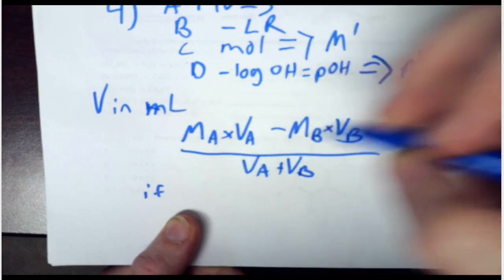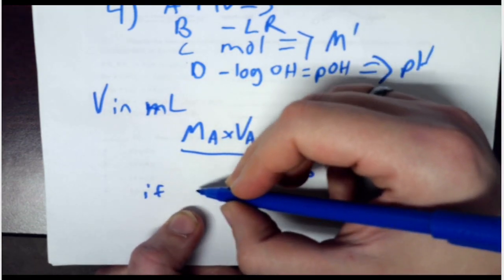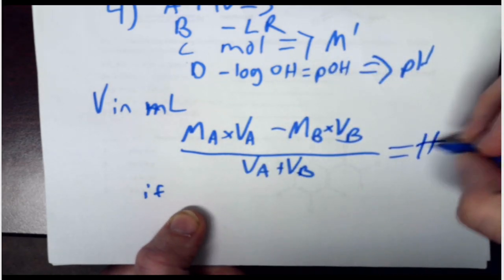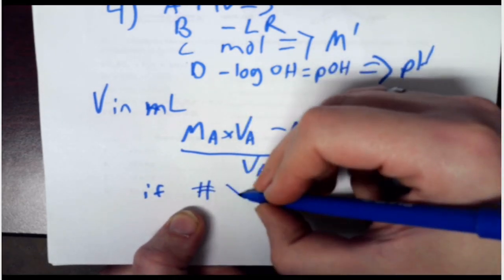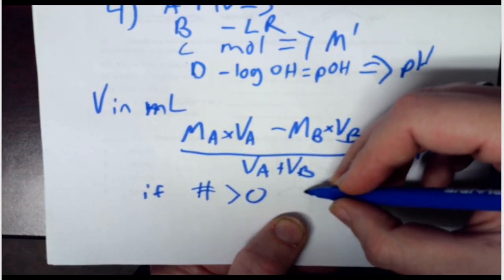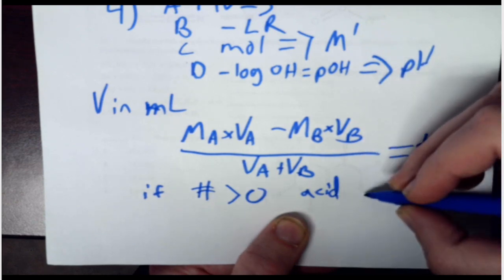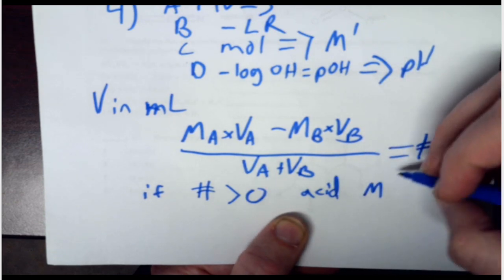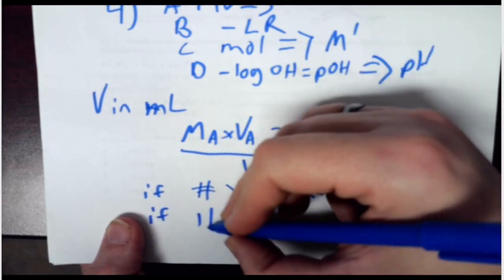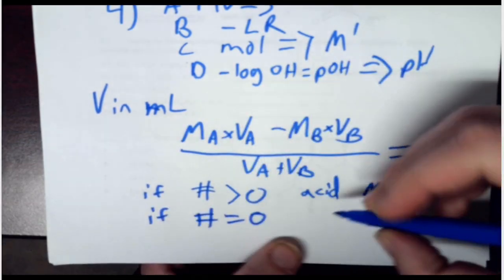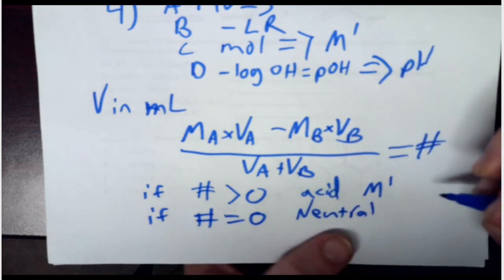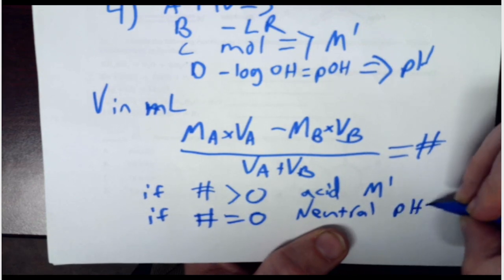If this answer is greater than 0, this is the acid molarity at point C. If the number is equal to 0, we're at neutral. This is pH 7.